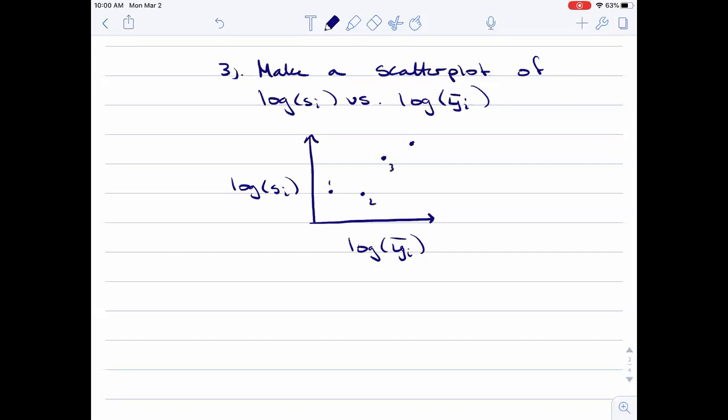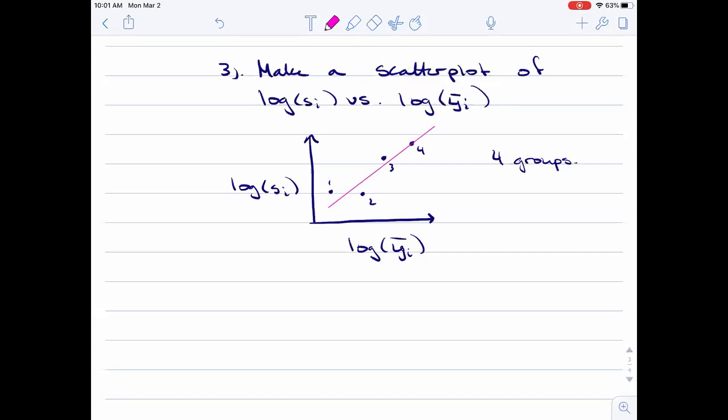Four groups. Now we've got a simple linear regression here. So what we're going to do is fit a straight line. Even if it's not linear, in this case we could probably, but with 4 data points, we shouldn't really say anything about linearity. So what we do is we fit a line of best fit.